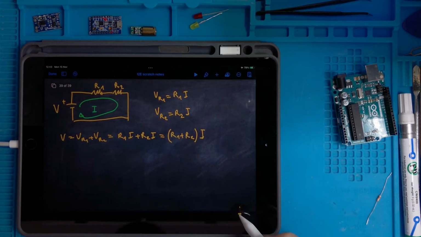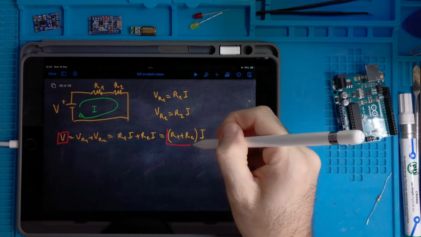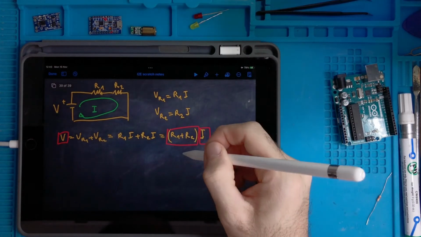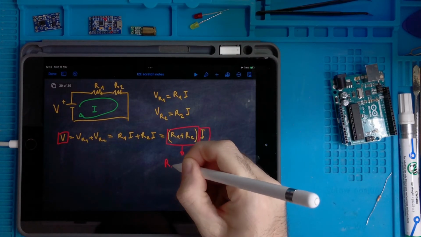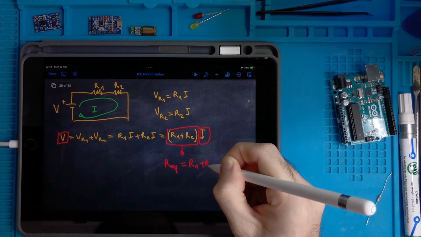and then if I read this, again it's the Ohm's law for a so-called equivalent resistor, which is R1 plus R2.